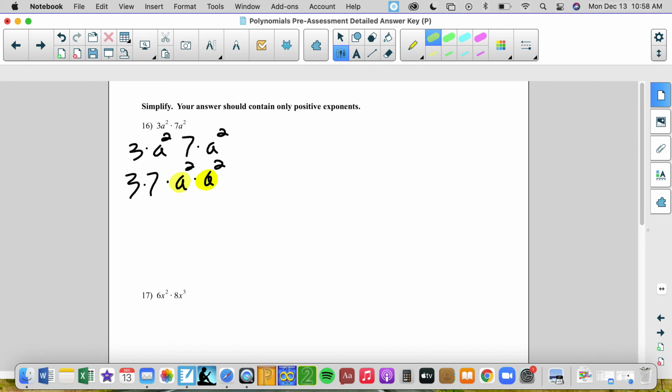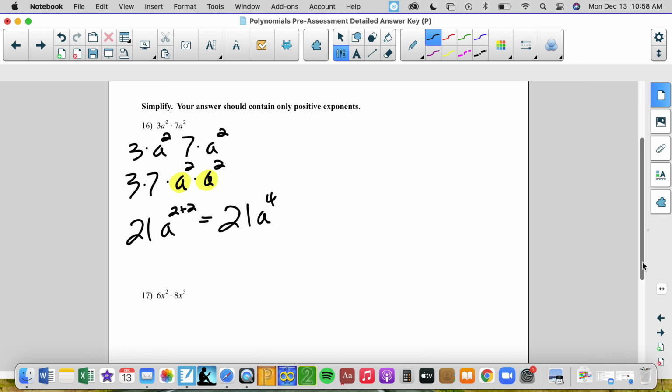Not because they're identical. They happen to have the same exponent, but only because they are identical bases. When you have like bases, that's when you can combine them. So we have 3 times 7, which is 21. And now, because we have like bases, when we multiply like bases, we add their exponents. So you get 21a to the 4th.